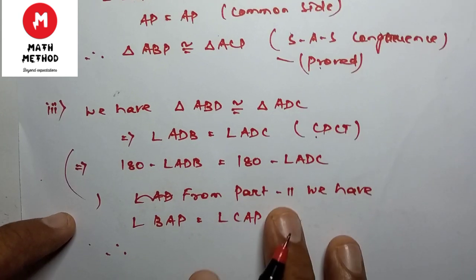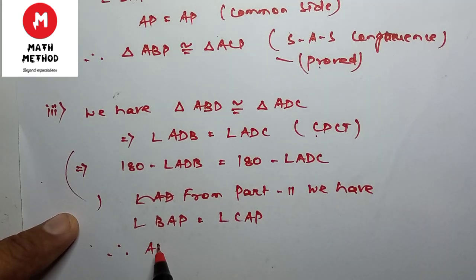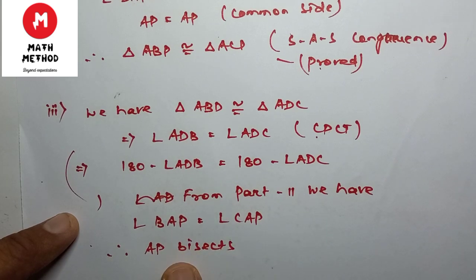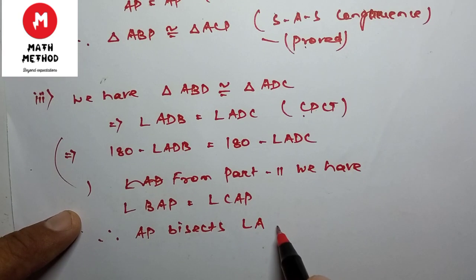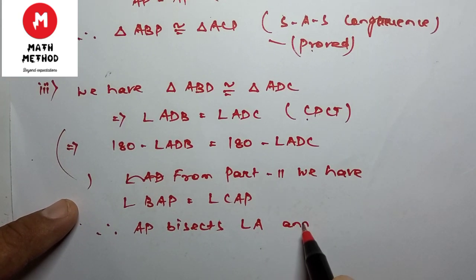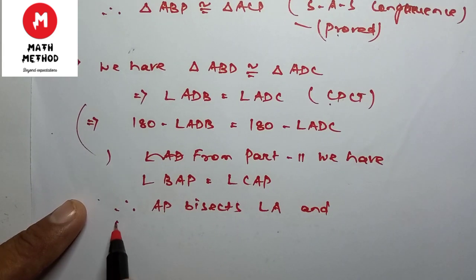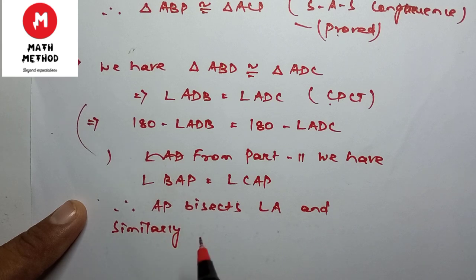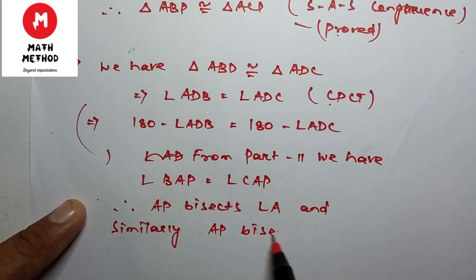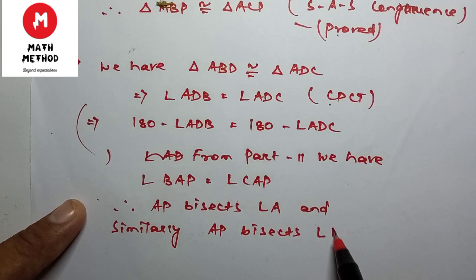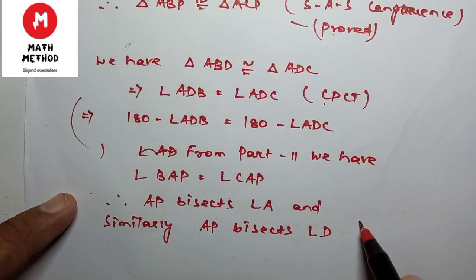Therefore I can write AP bisects angle A, and similarly AP bisects angle D. We have proved.